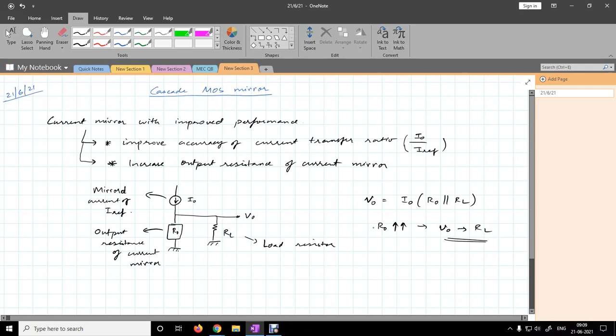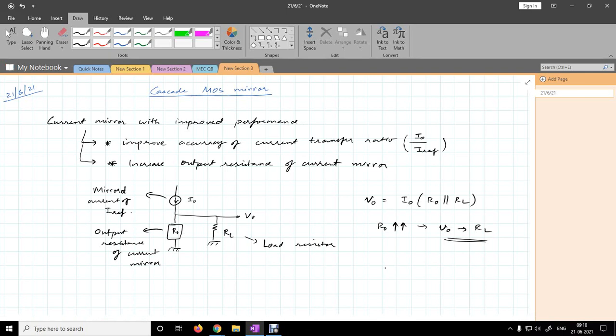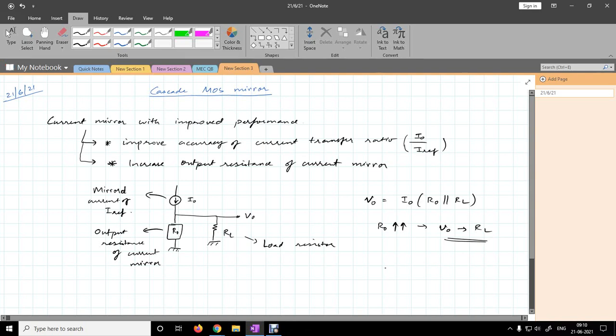But if R naught is a low value, V naught will not depend on RL much and will depend on R naught more. So there I can't choose freely if my R naught is less and my RL is more. My V naught will depend more on R naught rather than RL. That will be a problem.